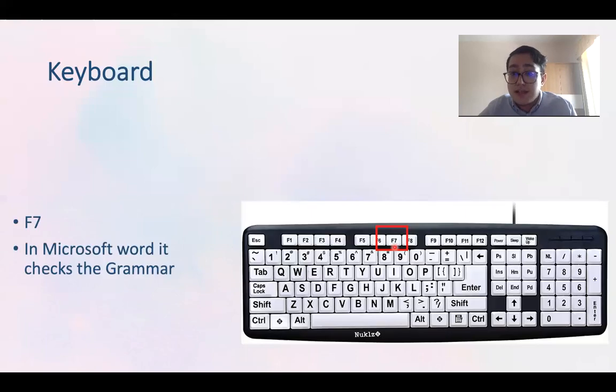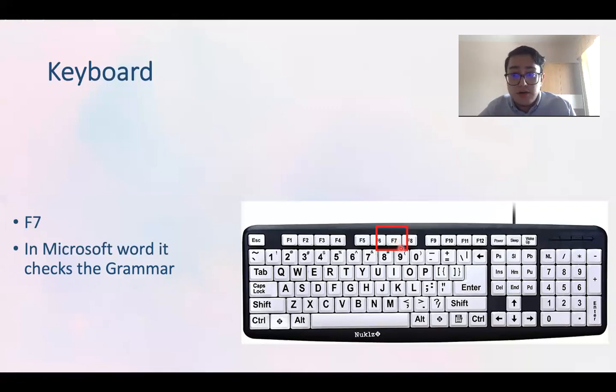So maybe in the future, you can use this and it can be very useful. Maybe at the moment, you will not be using it that much, but if you have to write, for example, a paragraph for your English teacher or a paragraph for any class in English, before you send the homework, you can check the grammar by using F7.